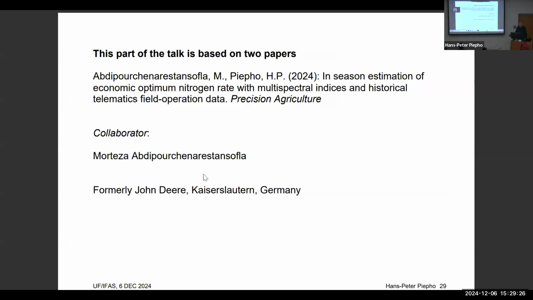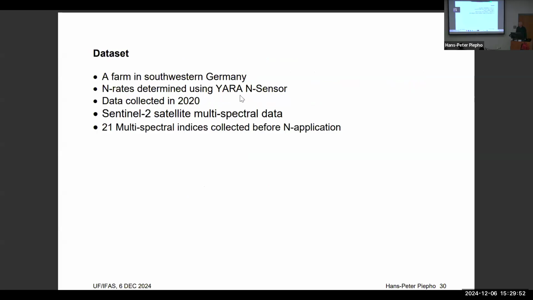Now, moving on to the second part, this is based on another project, and there are 2 papers, but currently it's only 1, and there are 2 others in the pipeline. So Mortesa was formerly with John Deere in Kaiserslautern in Germany, and he works in on-farm experimentation.